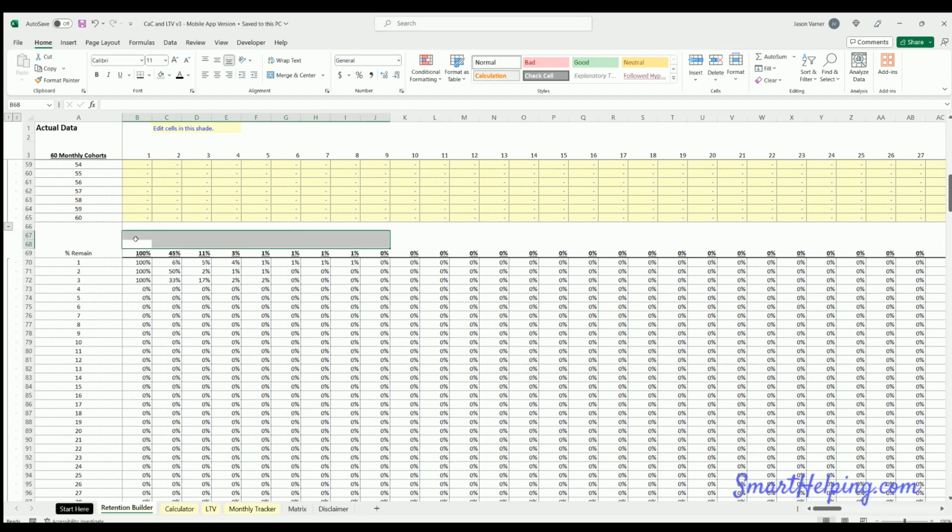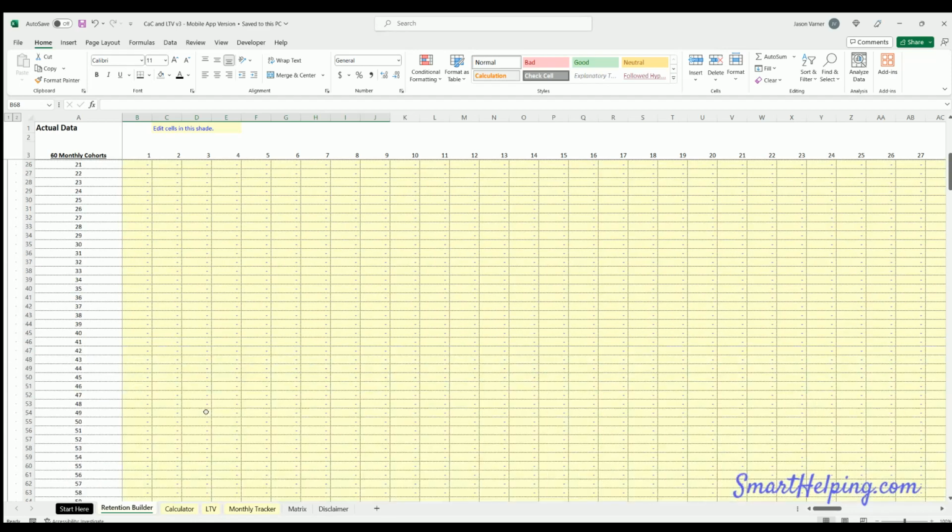So the most mathematically accurate way that I've found to figure out the customer value is you figure out what they're paying over time on average, which we'll get to in a second. There's another input for that. What they're paying over time, and then multiplying that by the average retention over the same time period.